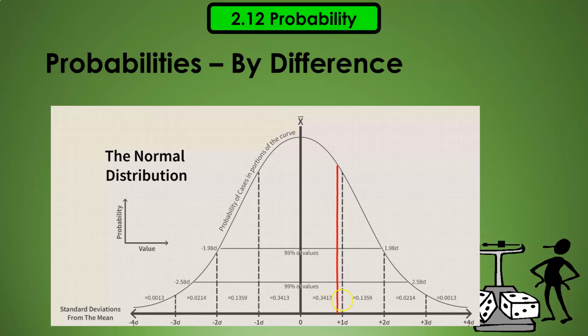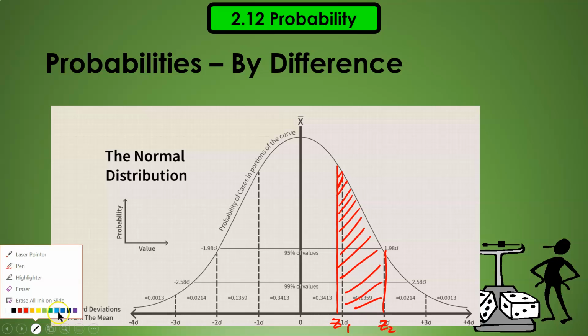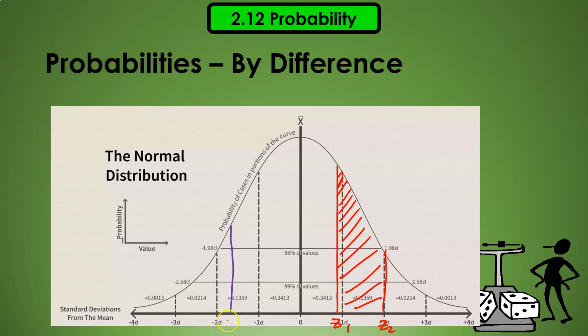So today what we're going to look at is you've got a z-score here, which we call Z1, and you've got another z-score here, say Z2, and what we want to know is that area there. It's a pretty easy process, and it works the other way as well. If you get your first z-score, the bigger area, which in this case would be minus Z1, you can calculate that area there.